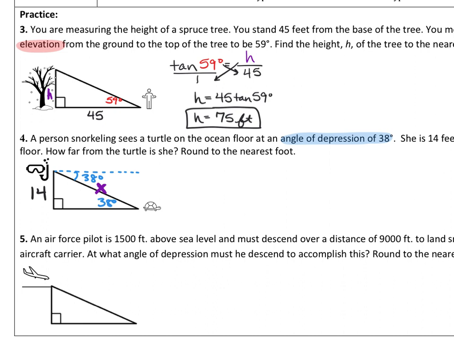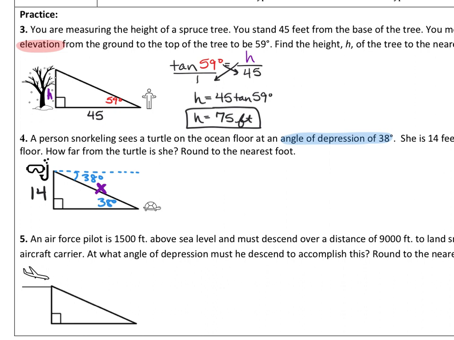For this problem, do we know or want to know the hypotenuse? So we're going to use one of the trig functions that involves the hypotenuse. Compared to this angle, 38 degrees, is 14 the opposite or the adjacent? Is it touching the 38 or is it across from it?